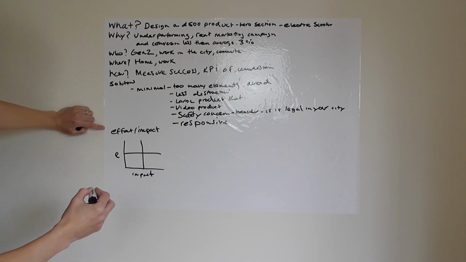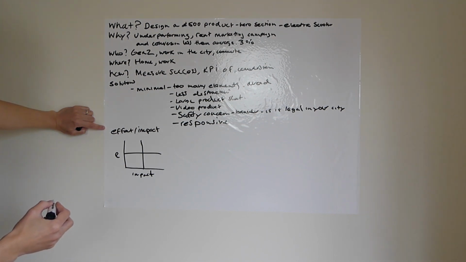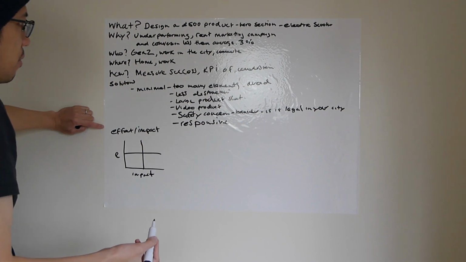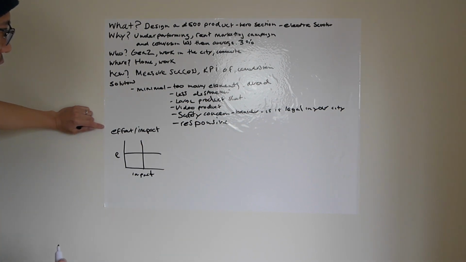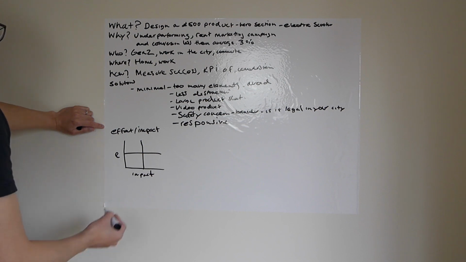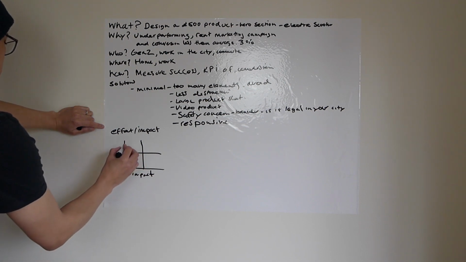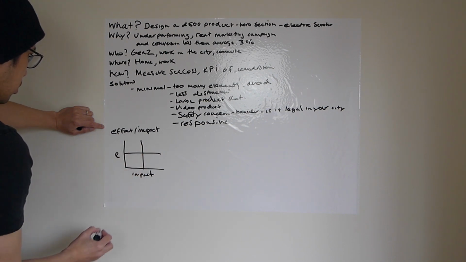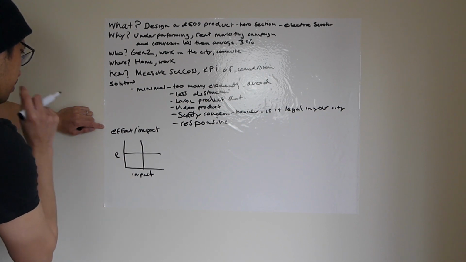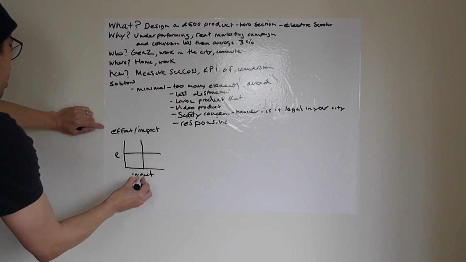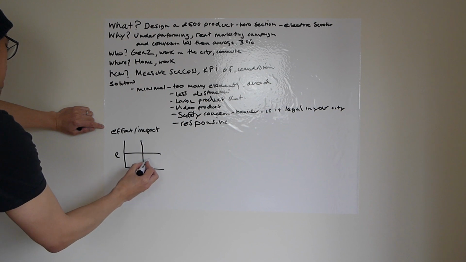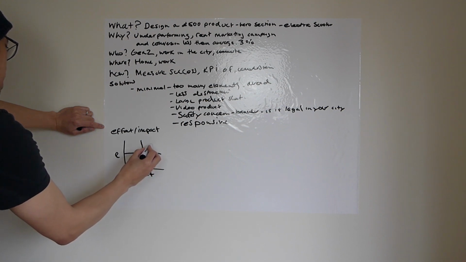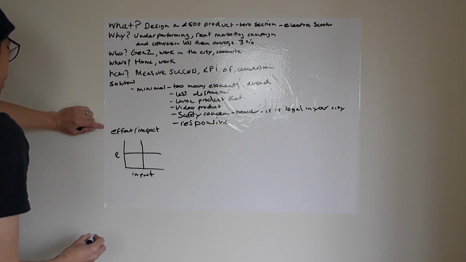So in terms of an image, I'm thinking that hopefully they already have an image shot and it's not going to be too much effort. So an image is going to be low effort and high impact. So let me think. Maybe I've written this wrong. Impact is going to be high impact and it's going to be low effort.